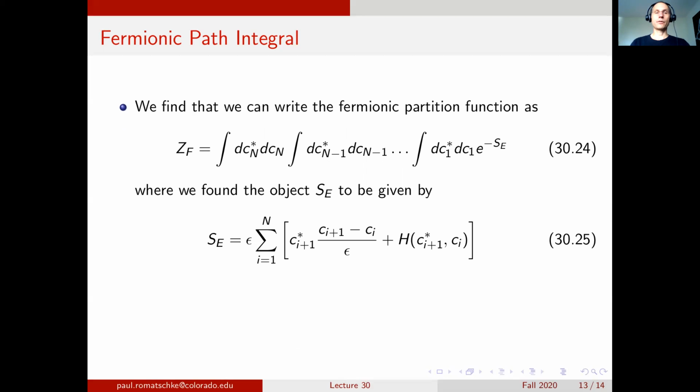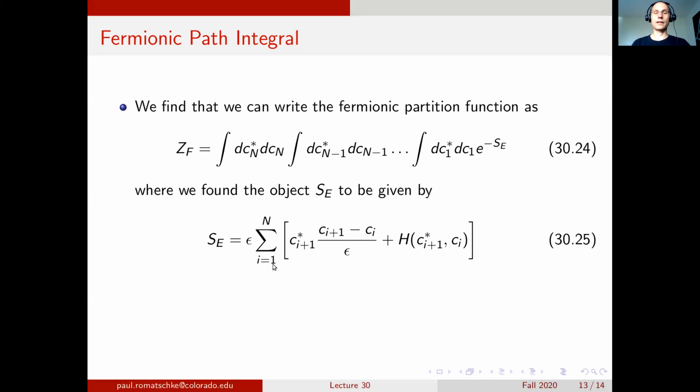Taking everything together, we find that we can write the fermionic quantum mechanical partition function as a product of 2n integrals starting with C1 star C1 all the way to Cn star Cn times the exponential of minus Se, where the Se is given by this object here.